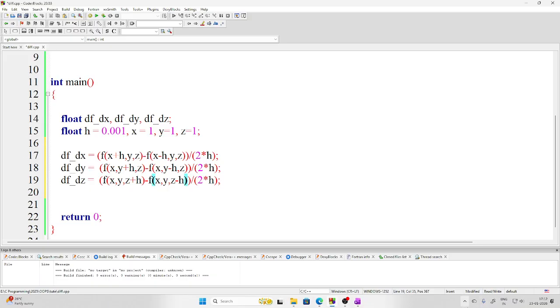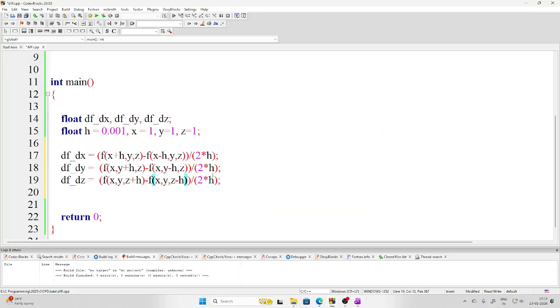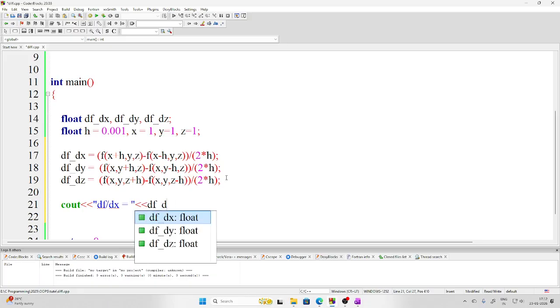So these are the numerical differentiation, central difference way of writing the same derivative. Once this is done, the next part is to print it. So let me write it: df dx, and this is df dx.